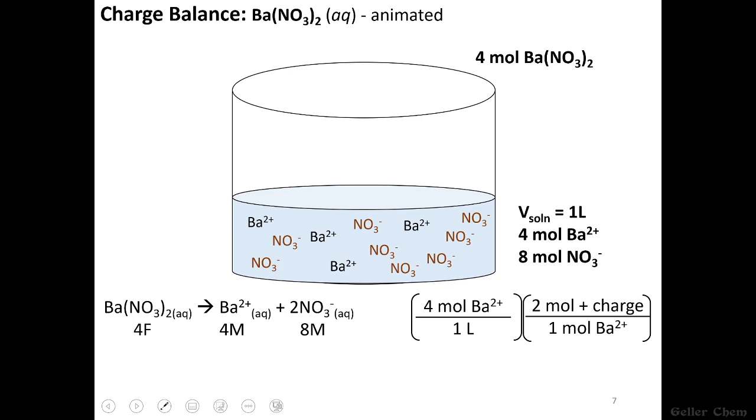If we do quick dimensional analysis, we can say that while we have 4 moles of barium ion per liter, every mole of barium contributes twice as much positive charge. So our solution is still charge balanced because we actually have 8 moles per liter of positive charge total, perfectly balancing the 8 moles per liter of our negatively charged ions over here.